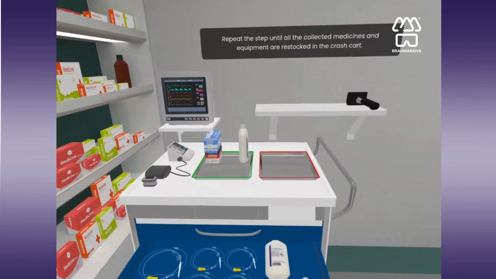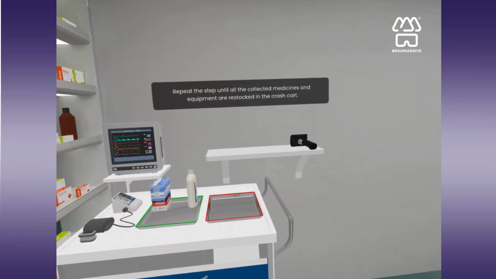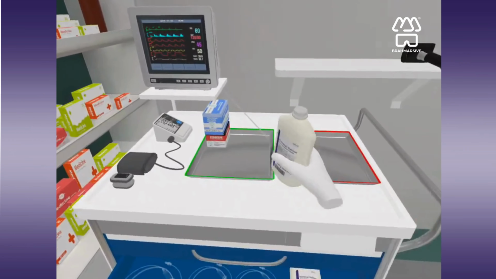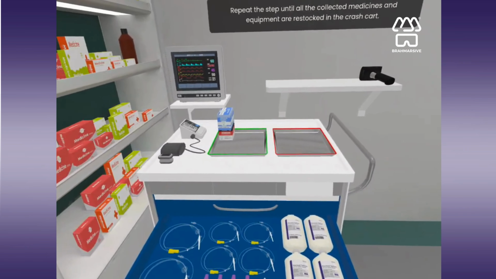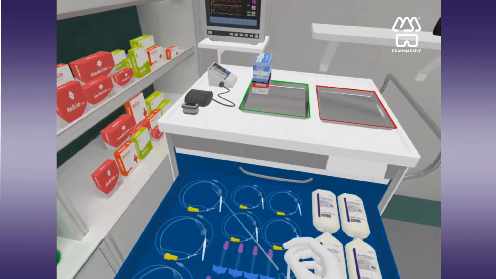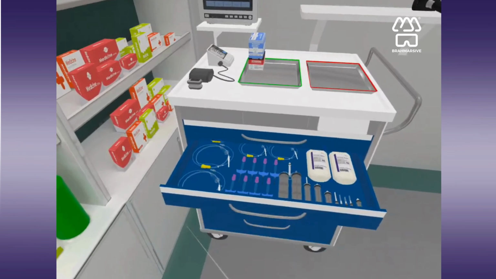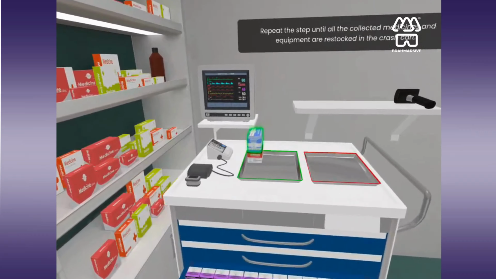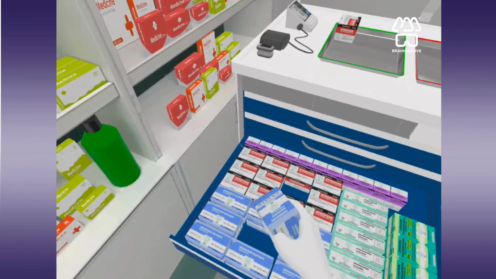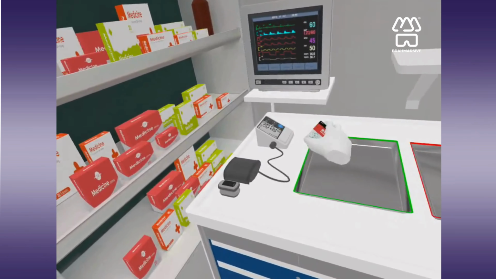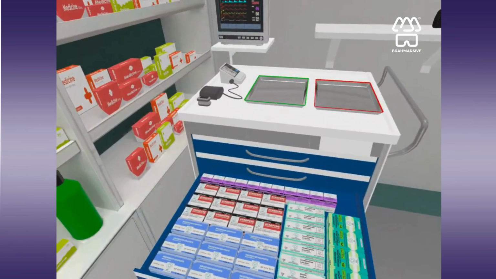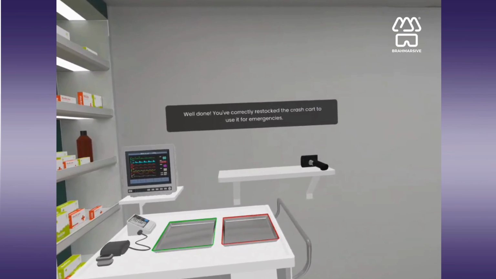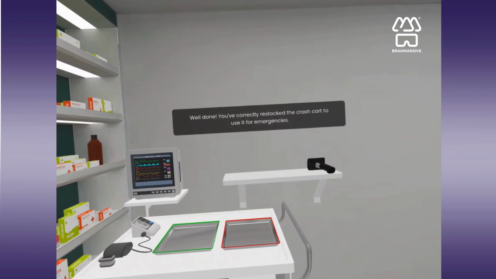Repeat the step until all the collected medicines and equipment are restocked in the crash cart. Well done! You've correctly restocked the crash cart to use it for emergencies.